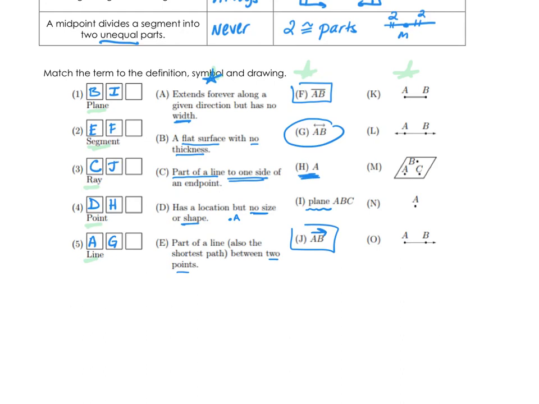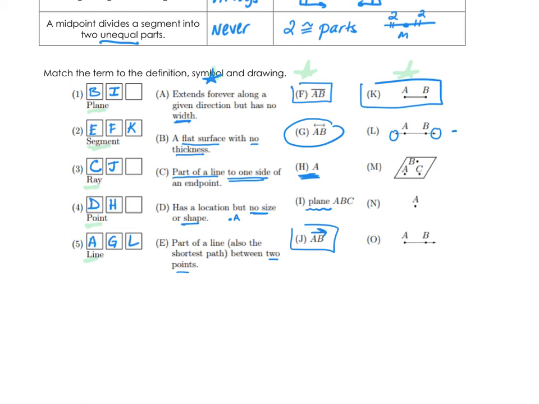The last column, what it looks like when you draw the picture. K is a line segment because there are no arrows on the ends, it stops at each of those two endpoints. So segment gets the K. Now we've got arrows on the end, right here and right here, so L is a line.